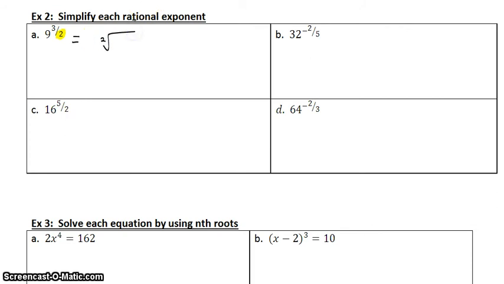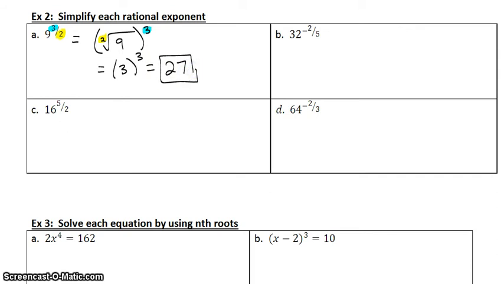It's just so common, they don't write the 2 usually, but really I've got the square root of 9. Then the top number gives me my exponent. So my exponent of that whole statement is 3. And now what I'm thinking is, okay, square root of 9, I know that is 3. So really I'm trying to find what 3 cubed is, and 3 cubed is 27. That is my answer.